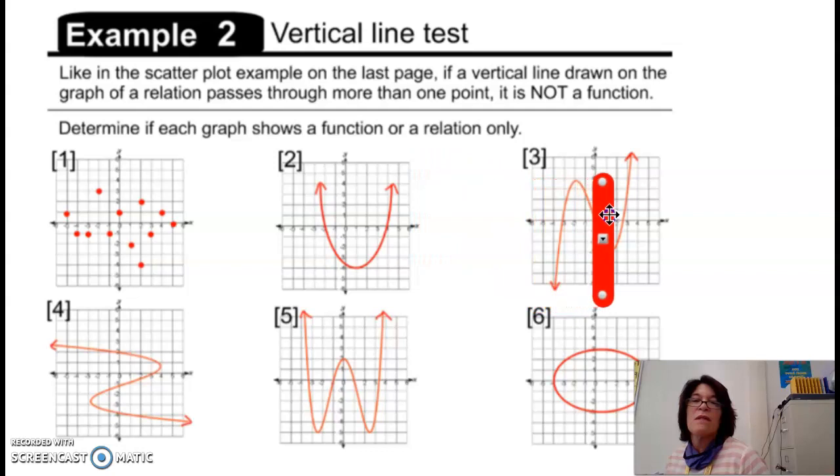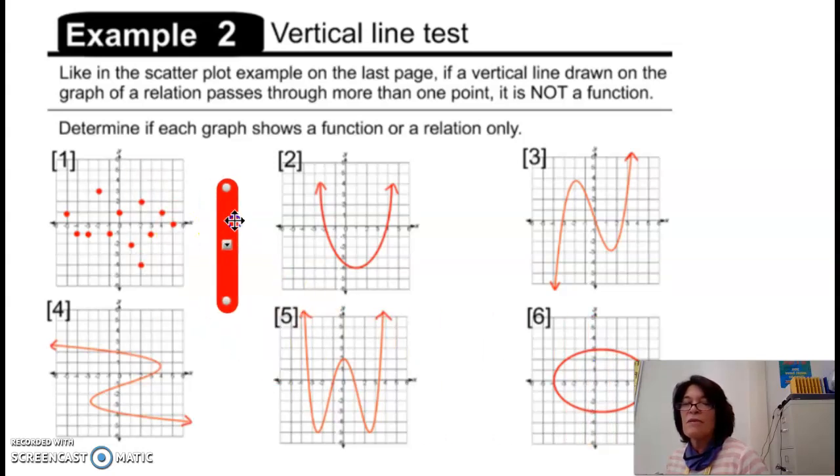This one, also fine. This one, also fine. But look at this one. My goodness, I'm hitting it 1, 2, 3 times. This one, I hit it 1, 2 times. A vertical line hits it more than once. Here, oh yeah, I'm hitting those too. Sorry, I shouldn't have made this so thick, but I wasn't thinking.